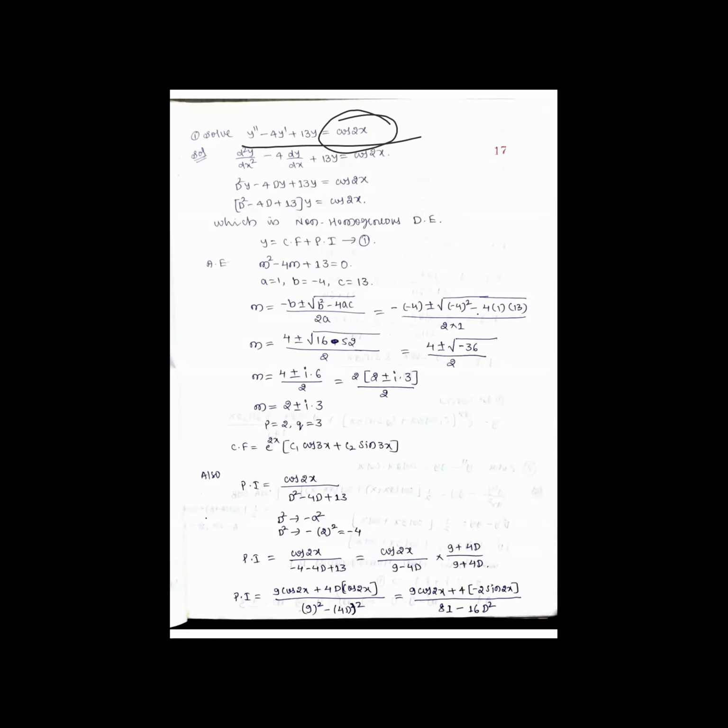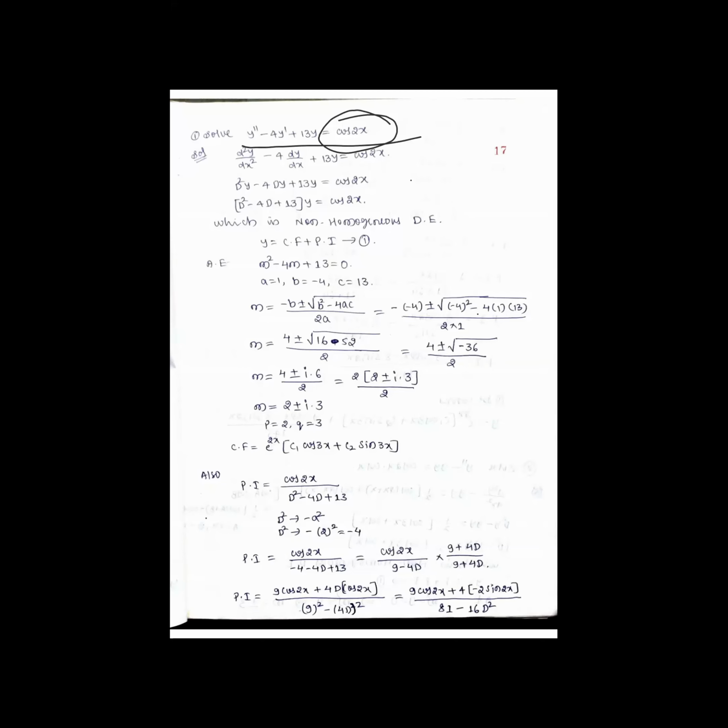So d square y by dx square minus 4 dy by dx plus 13y is equal to cos of 2x. Again, you write it as D square y minus 4 D of y plus 13y is equal to cos of 2x. So this is D square minus 4D plus 13, y is common, equal to cos of 2x.